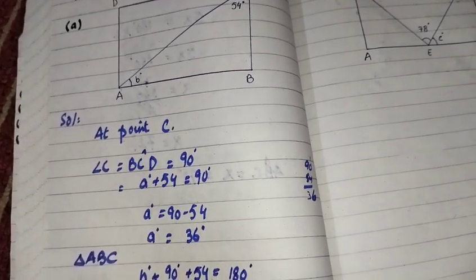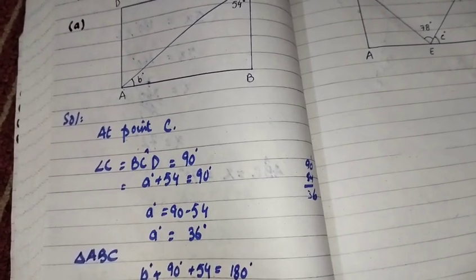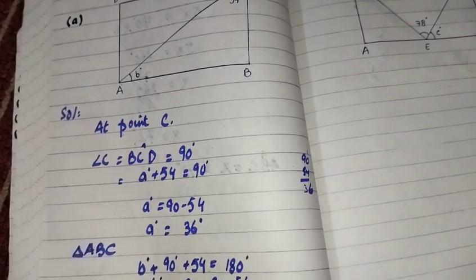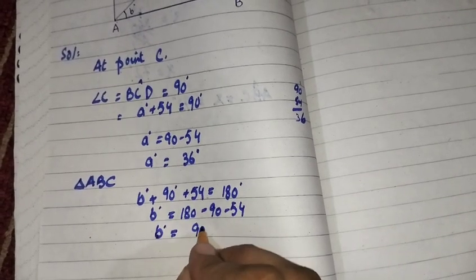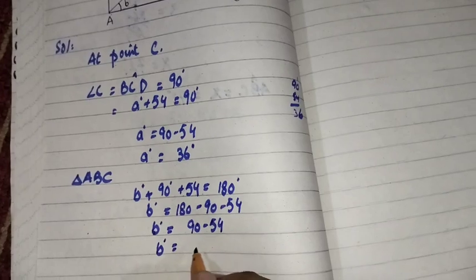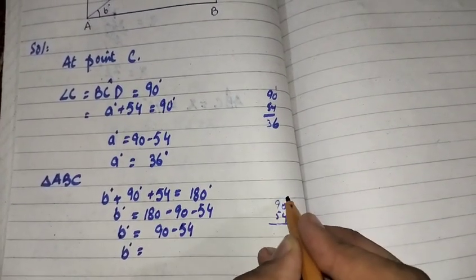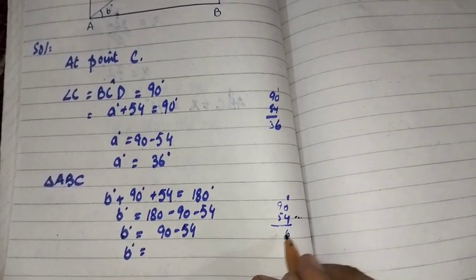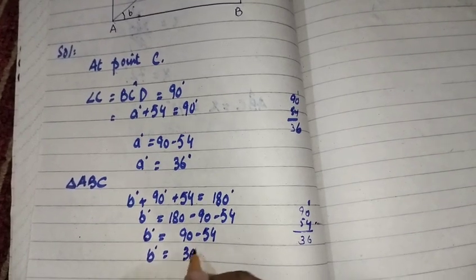So to find B, we have to subtract: 180 minus 90 minus 54. 180 minus 90 is 90, and 90 minus 54 is 36 degrees.